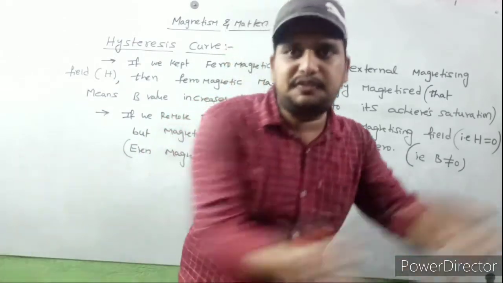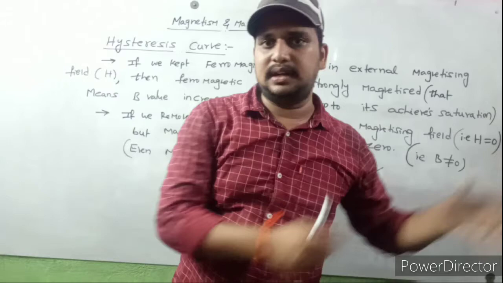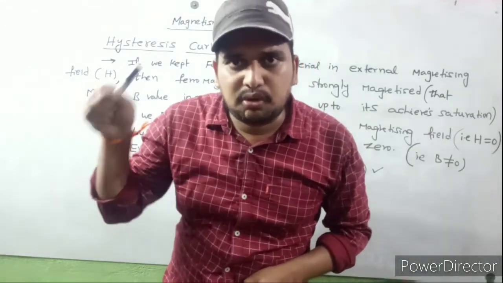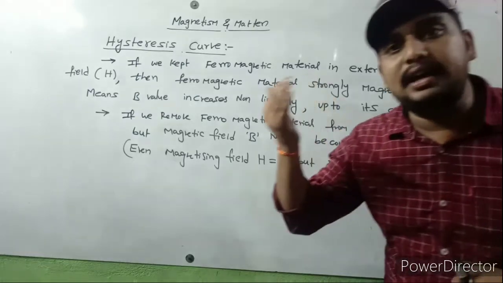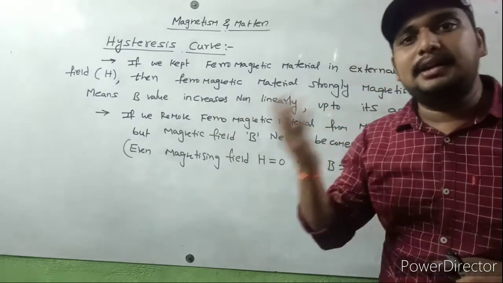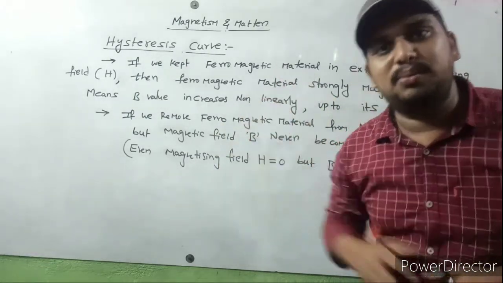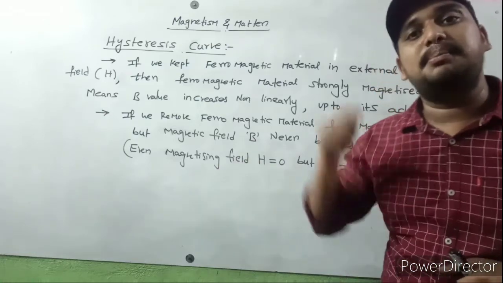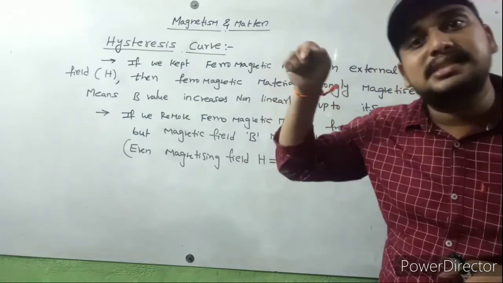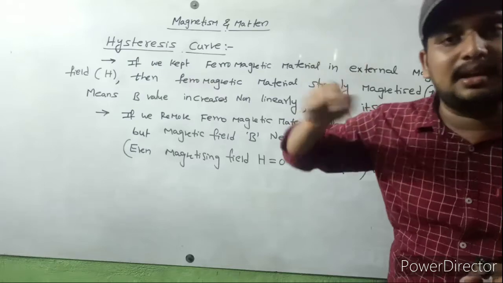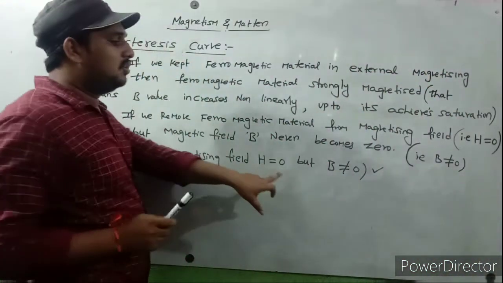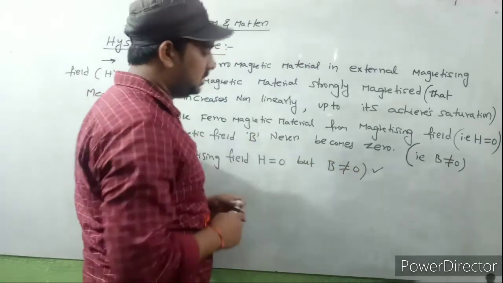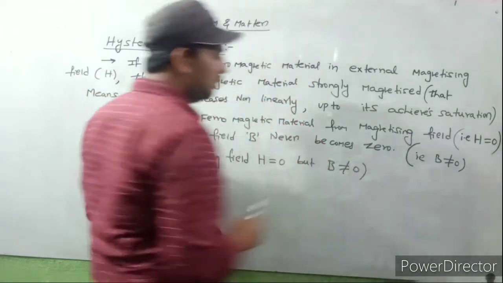Now I remove this field, that means the magnetizing field is now 0. Even though I remove this field, the magnetic field never becomes 0. Some magnetic field exists inside the ferromagnetic material. Even when magnetizing field H is equal to 0, B is not equal to 0.